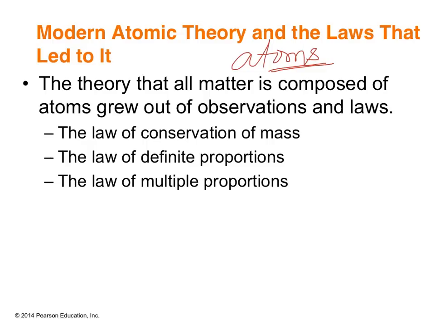But this atomic theory, that all matter is composed of atoms, grew out of three observations which ultimately became laws: the law of conservation of mass, the law of definite proportions, and the law of multiple proportions. For the purpose of this course, we will go through them briefly.